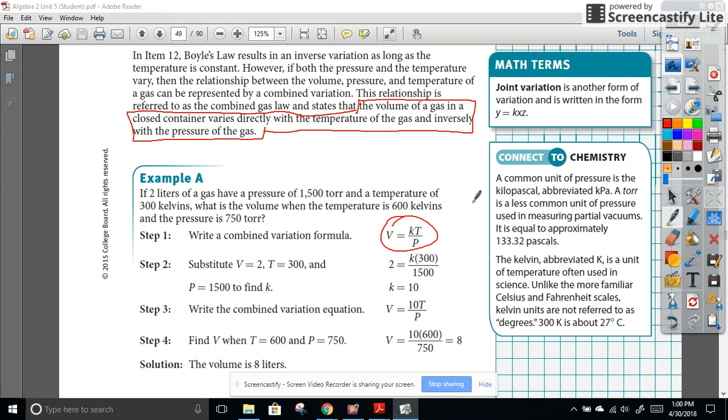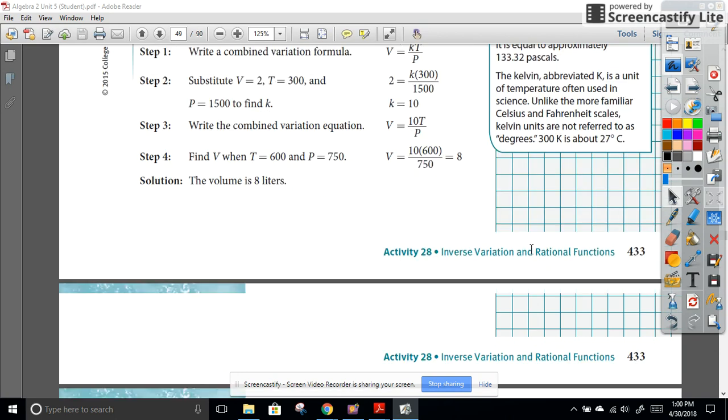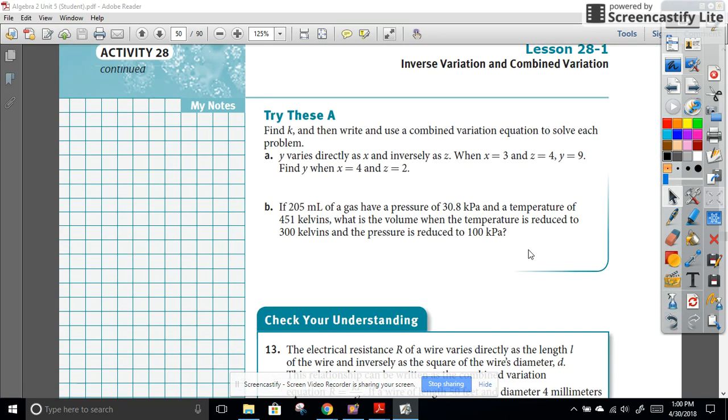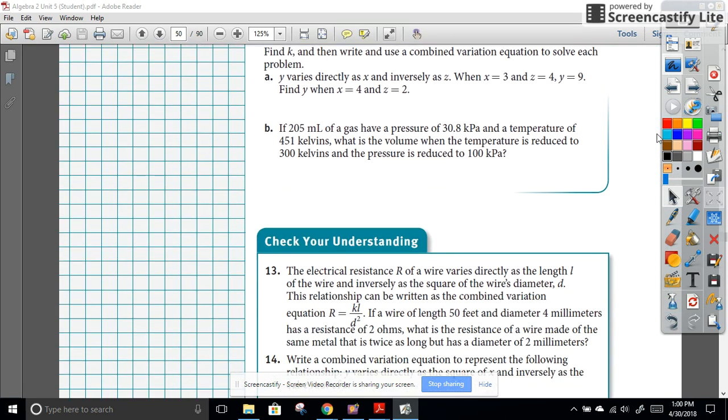Okay, so we take that and we go over here to this next page, and we remember that the problem was volume varies directly with the temperature and inversely with the pressure.